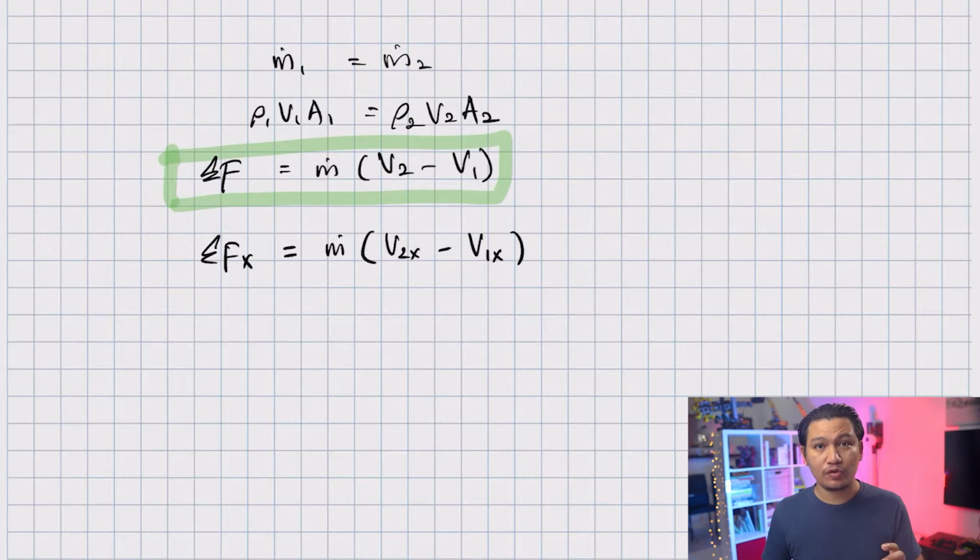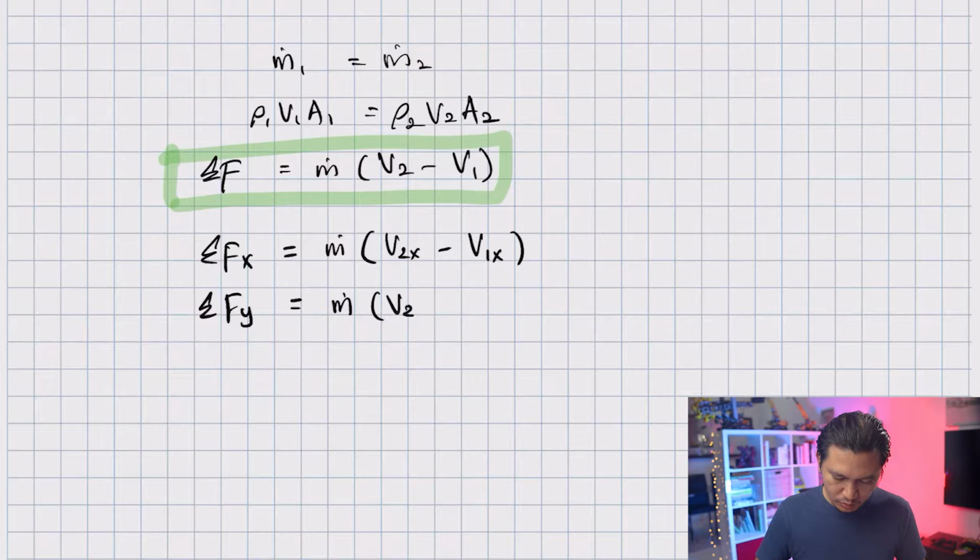Okay, and this goes for y and z as well. So this is summation of forces in y direction equal to m dot (V2y minus V1y). And similarly, in z direction, this becomes summation of force in z direction is equal to m dot (V2z minus V1z).